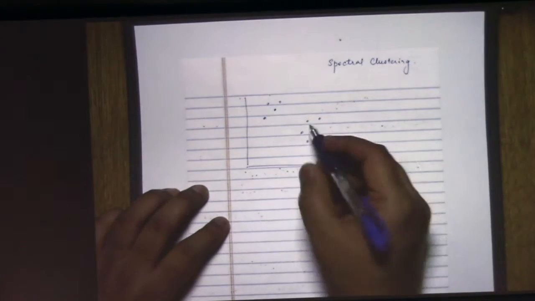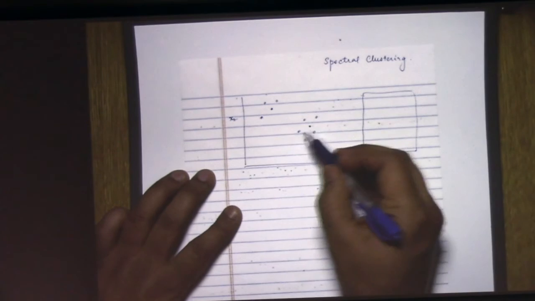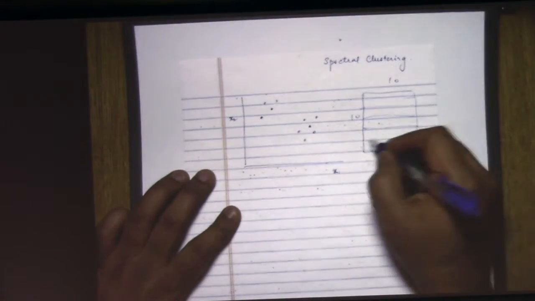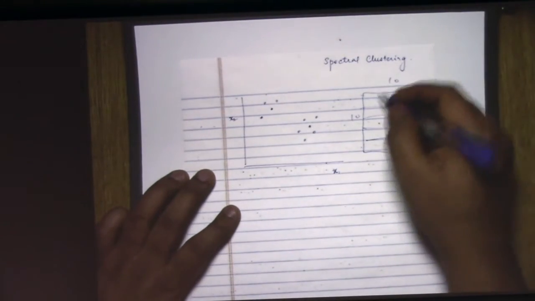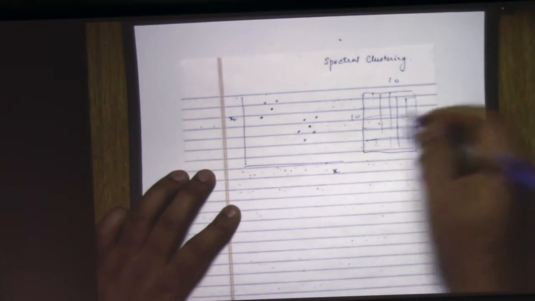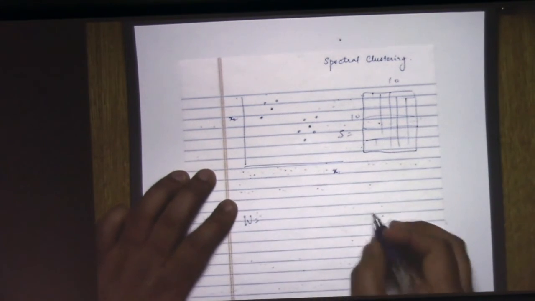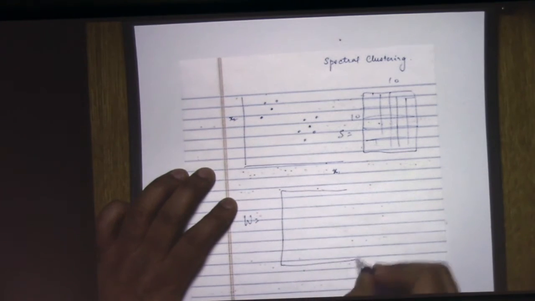First you compute your similarity matrix, these are your x1, these are your dimensions, and these are all the x's. The similarity matrix is 10 by 10, and you compute the similarities between all of these points, which could be just the inverse of their distances.